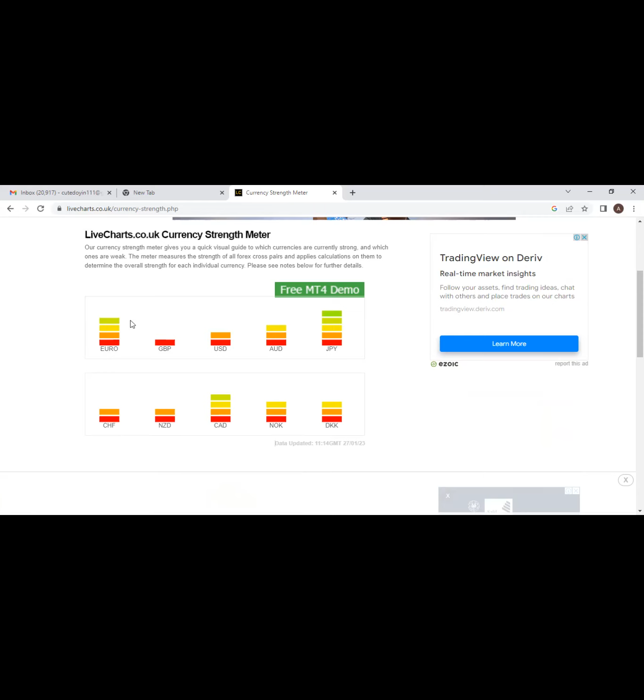Looking at this now, based on that 3 bars difference, I could enter a trade between Euro and GBP because this has 4 right now, and this is just 1 bar. You understand? So this one, the strengths are clearly apart, so I could trade this. But this, Euro has 4, this has 2. I will not trade this market. Why? Because these 2 can easily increase to 3, or this one could easily lose 1.